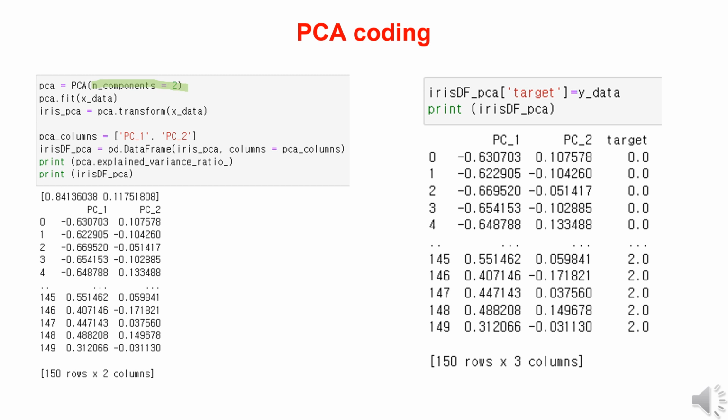We name the two principal components as PC1 and PC2. To set the species as the legend, we add the actual species data, which is Y data, as an additional column with the name target. This allows us to plot the graph with PC1 and PC2 representing the X and Y axes respectively, and use the target column to set the species as the legend.